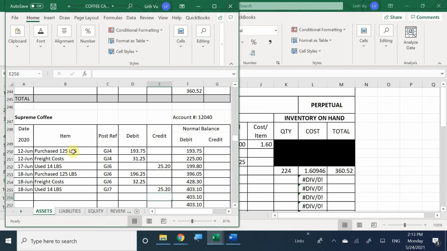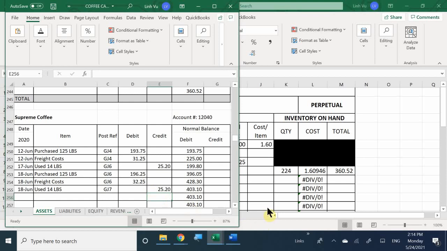Oh, wait a minute, hold it. Let me see here. I'm looking at yours to see if I made a mistake. You could have put one of those amounts in the wrong area. You said 336? Yeah. So most likely you probably put the 32.25 on the credit side.